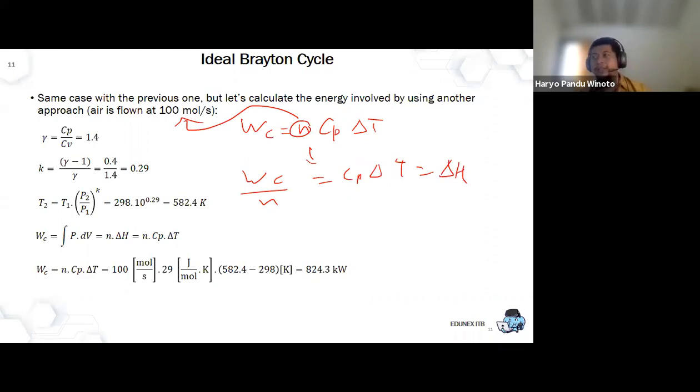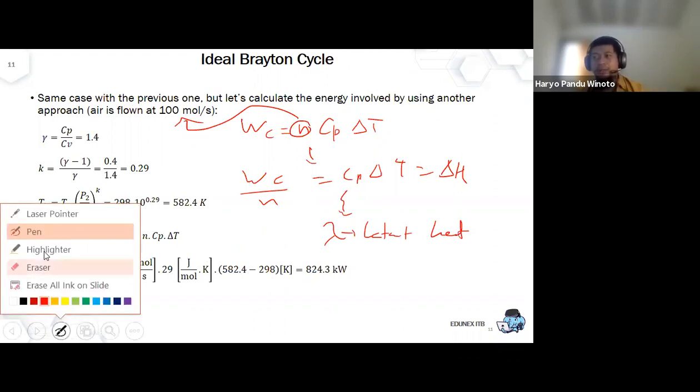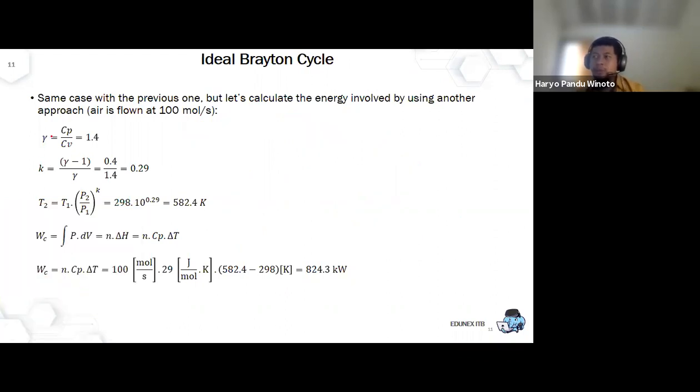And you don't really need to worry too much when you are working with the Brayton cycle because there is no lambda. What is lambda? Latent heat. Because the air is already a gas, and it stays a gas when we are working below the Earth's surface.